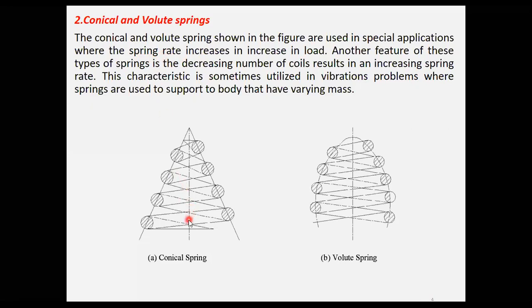If you have more coils, then the spring rate will reduce. As the number of coils reduces, you are going to increase the spring rate. If you want to increase the spring rate, you need to reduce the number of coils in the spring, whether it is a conical or volute spring.